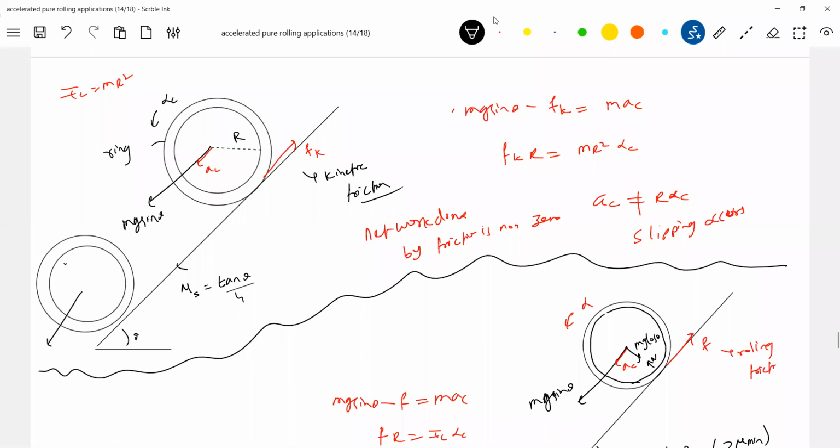I want this velocity v1 and omega 1. Can you apply it? Net work done by friction is non-zero. Sir, you only said zero. If it were rolling friction, yes. Now it's kinetic friction. Net work done will be non-zero.